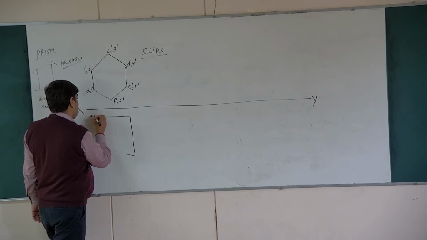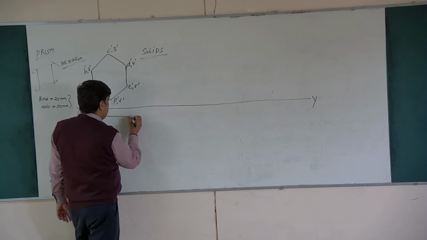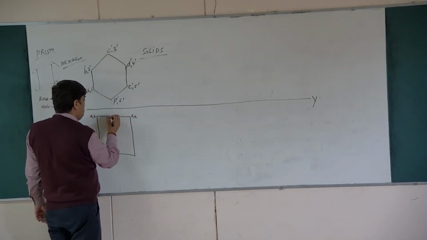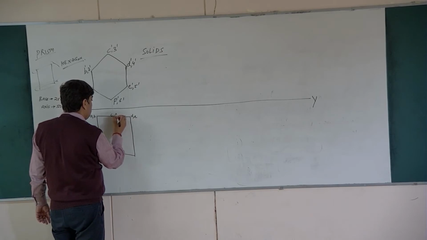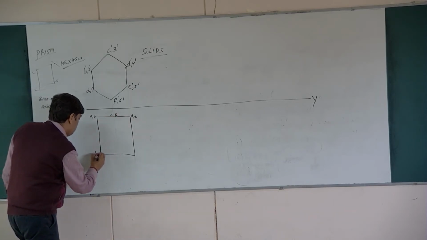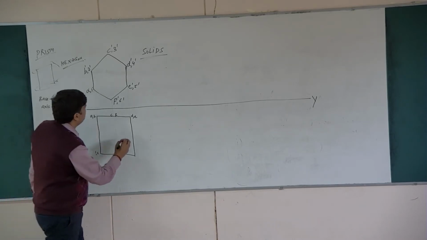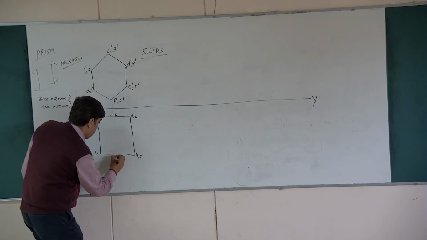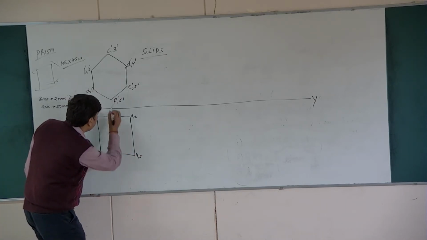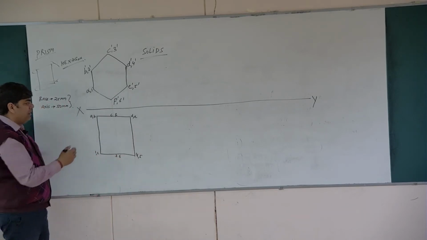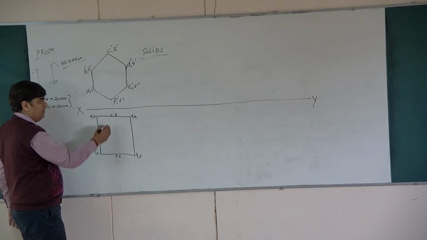You have A and B, D and E, C, and this will be F. Similarly, the bottom: 1, 2, 4, 5, and this one will be 3 and this one will be 6. Now, the axis will be this C F, C and F.